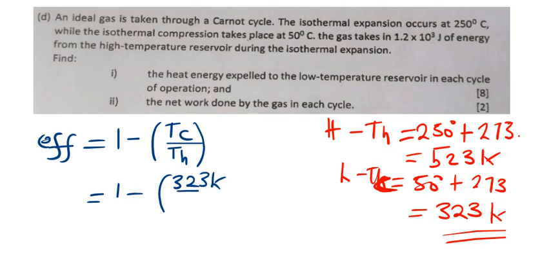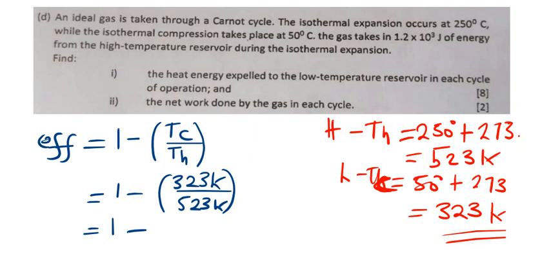For the expansion one, we found it is 523 Kelvin. So we're going to have 1 minus 323 divided by 5. Pardon me on that one. Let me try again.